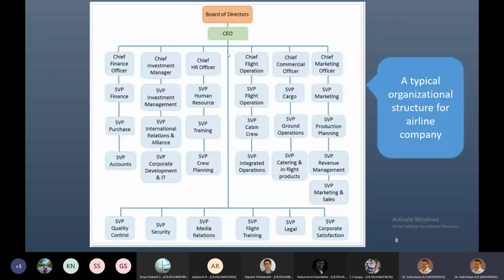What characterizes the terminology or the titles used in US companies is the abundance of vice presidents.